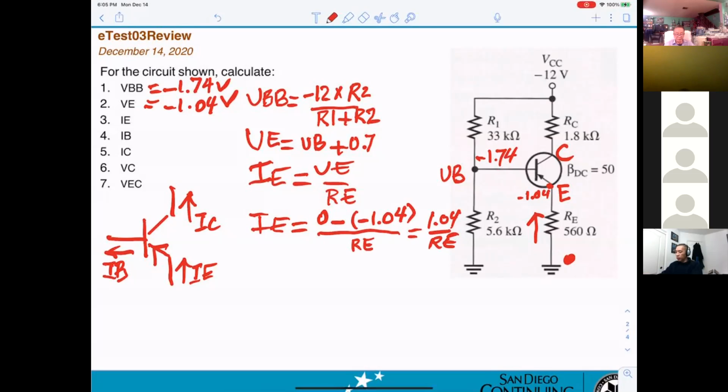And the same thing, when you get IE, you can get IB, which is IE divided by 1 plus beta. IC, same thing, beta times IB.